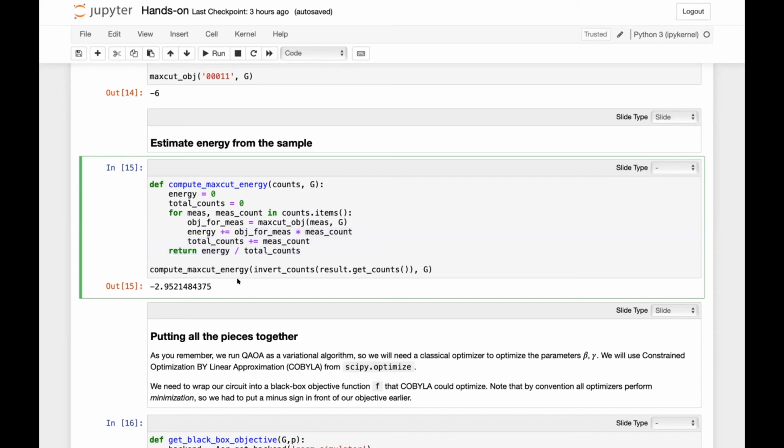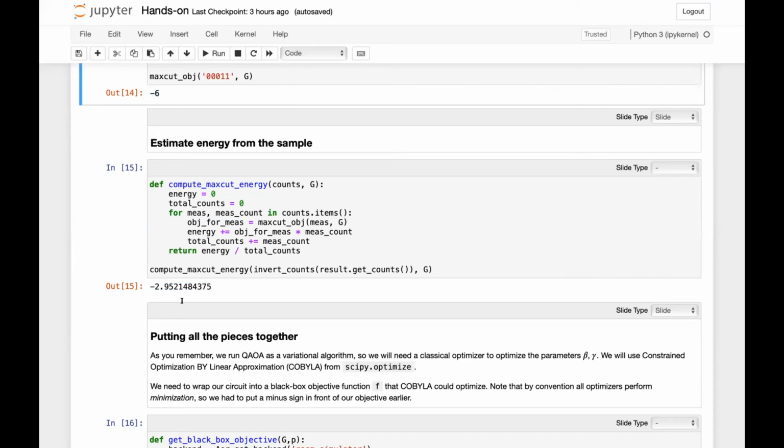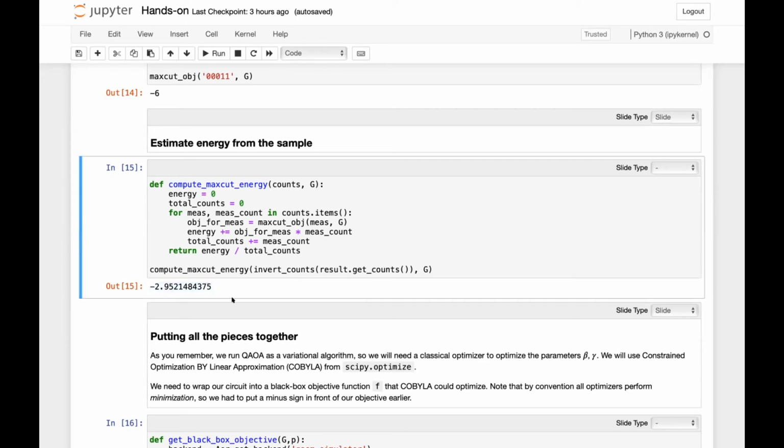And so for our simple sample where we hard-coded some terrible parameters, we get -2.925, right? Whereas we expect -6. Note the minus here is simply because we want to minimize. This is just convention in optimization literature. So this is not too great of a solution.